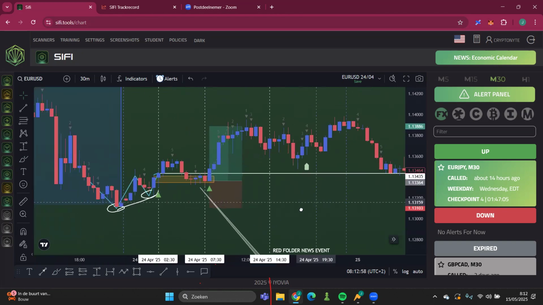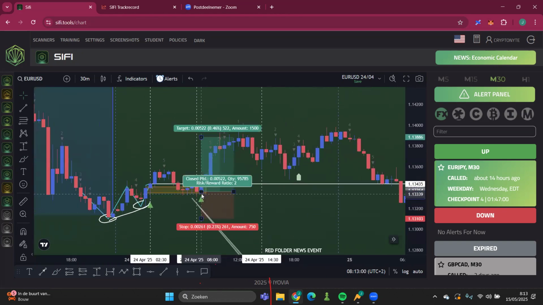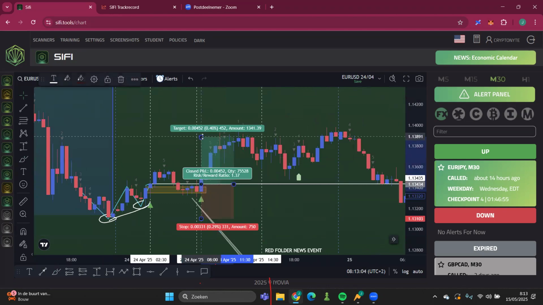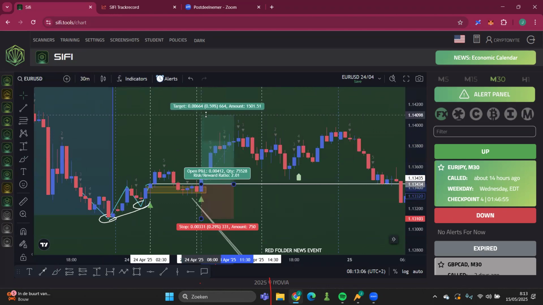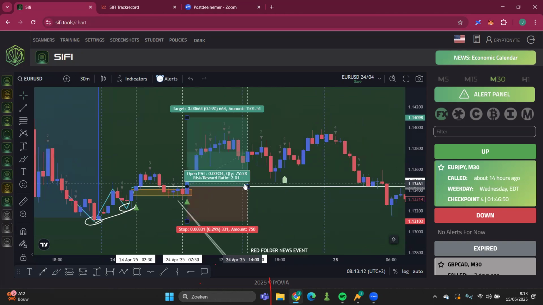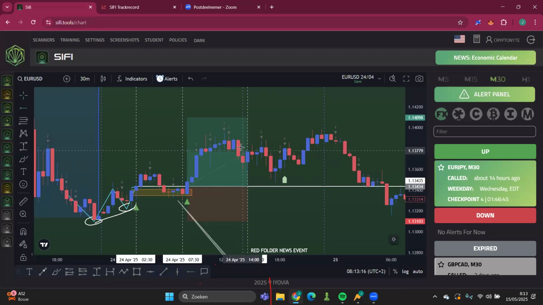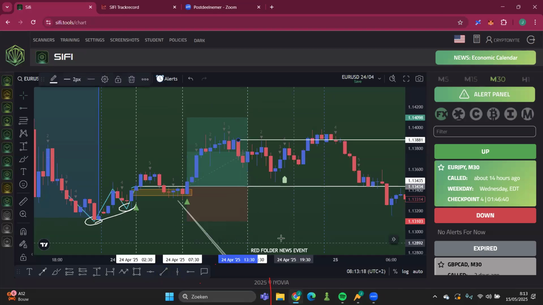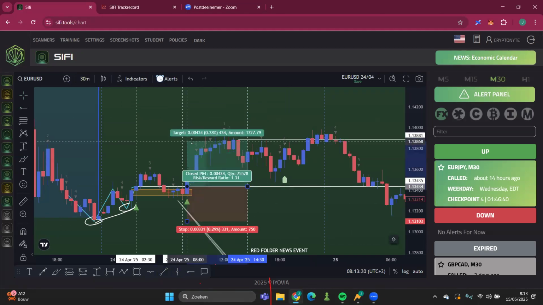And even if you didn't take the better entry, even if you had the initial entry, your take profit would be here. And this red folder news event would kick you out. So you would be out right here, which is still a great profit, right?